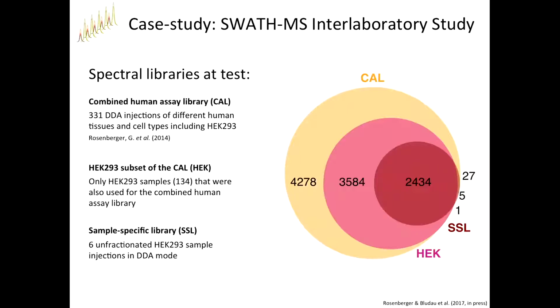And here you can see that the combined assay library consists of roughly 10,000 proteins. The HEK subset is a subset of this CAL containing roughly 6,000 proteins, and the sample-specific library is fairly small with 2,500 or so proteins included.